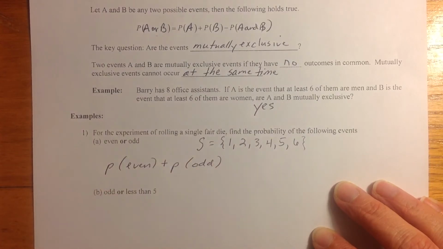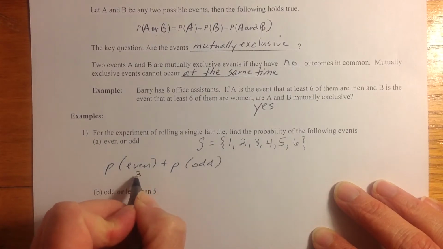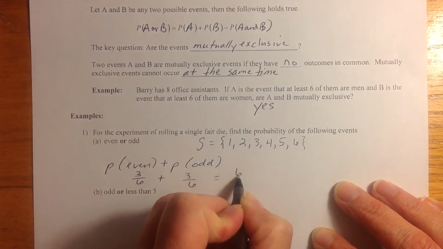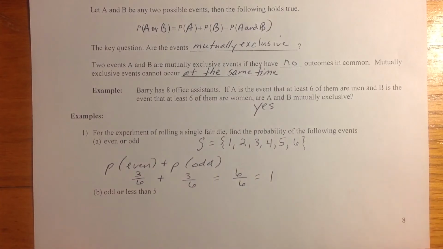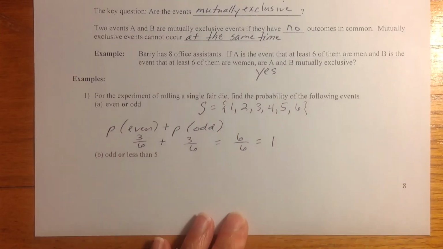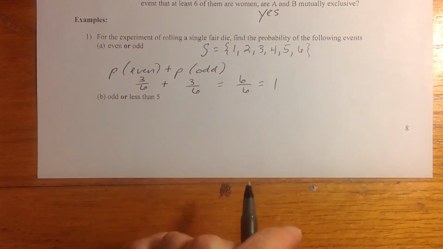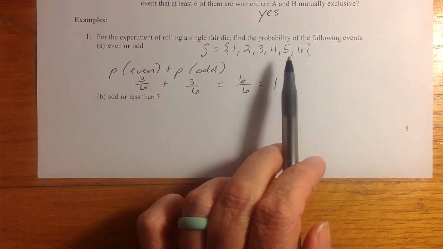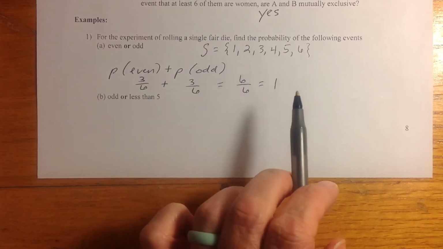So the probability that you're even is how many even numbers do we have in our sample space? So 3, 6 plus 3, 6 is 6 sixths, or 1. Remember, we're still finding probability, so our answer needs to fit somewhere from 0 through 1, which it does. And it makes sense that it's 1 because when we roll a die, we're either going to get an even or an odd number every single time.